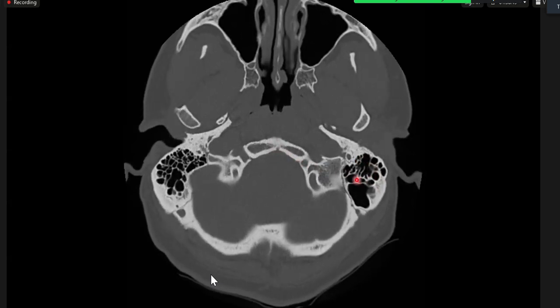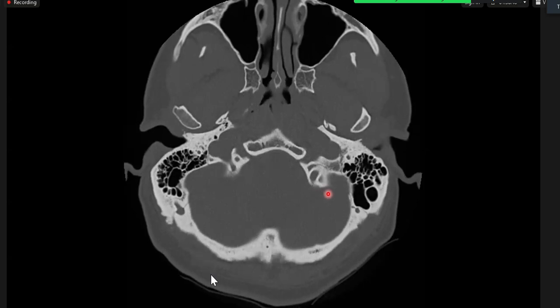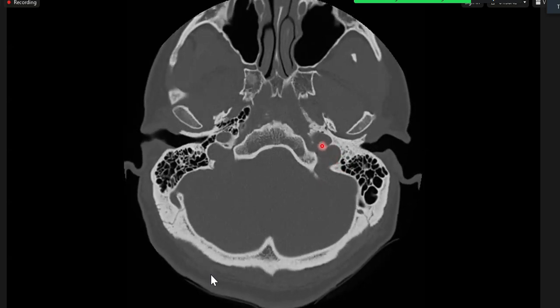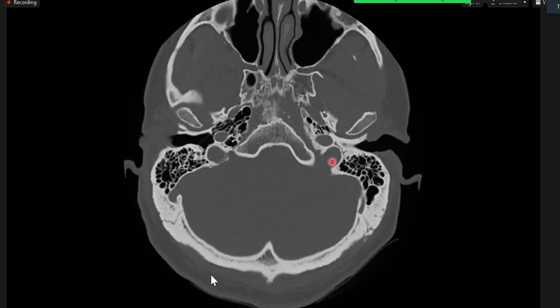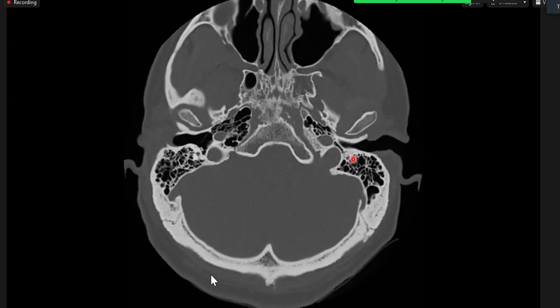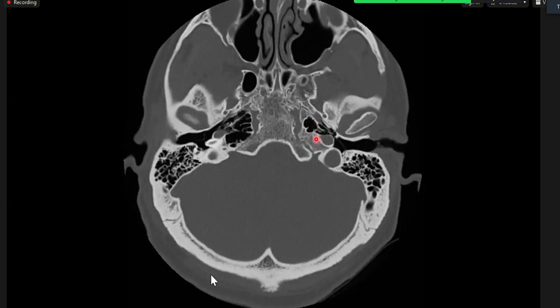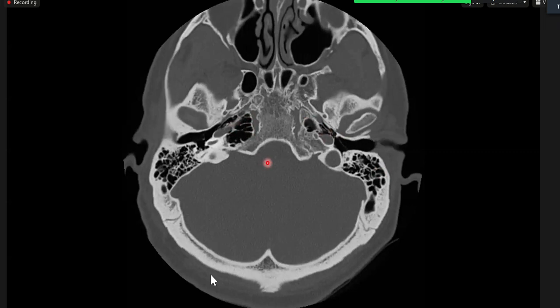Then as we go superiorly, this is the jugular foramen. In this particular case, the petrous apex is pneumatized. Please remember that can happen. There are air cells here, and actually on the right side there are more. So this is just normal variation.